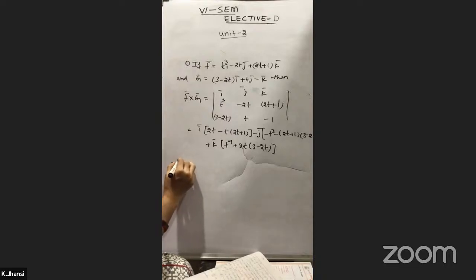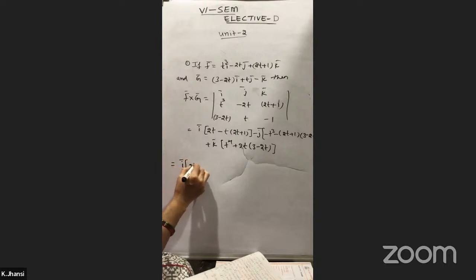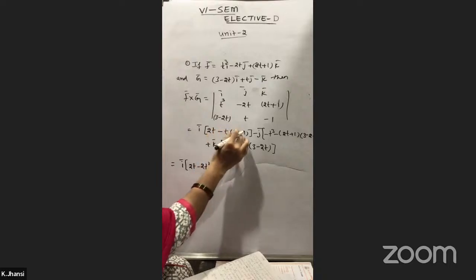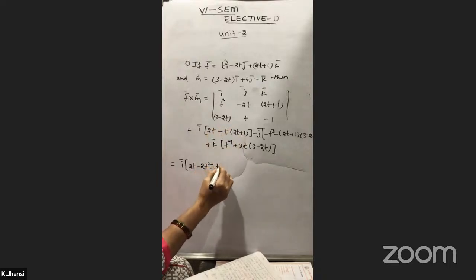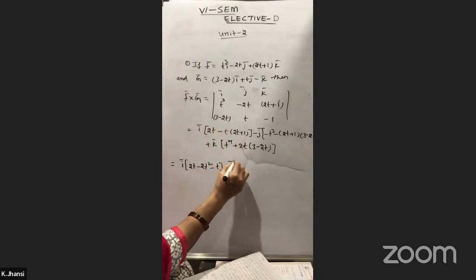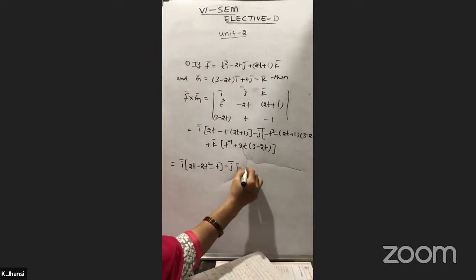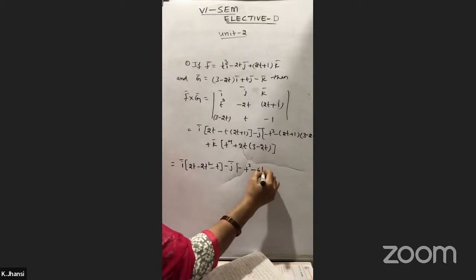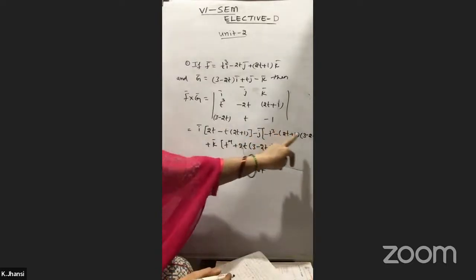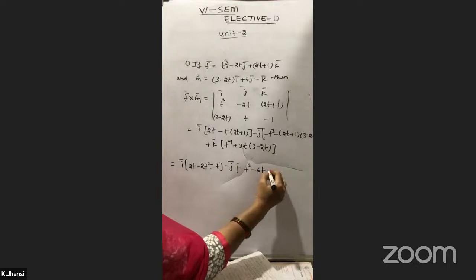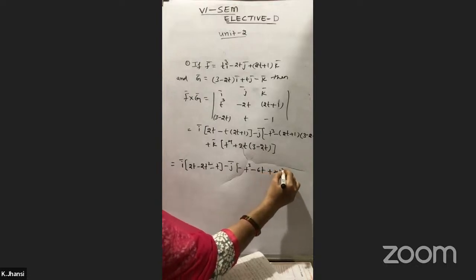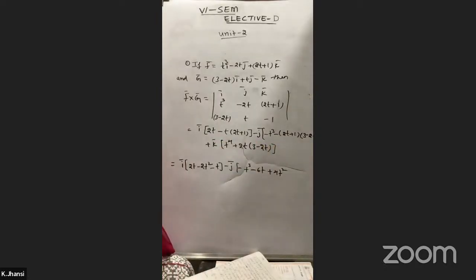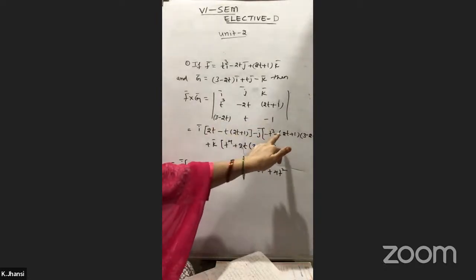That is i into 2t minus 2t square, plus into minus is minus t, minus j into minus t cube minus 3 times 2 is 6, minus of minus is plus 4t square. Next, minus 2t we have done, no?